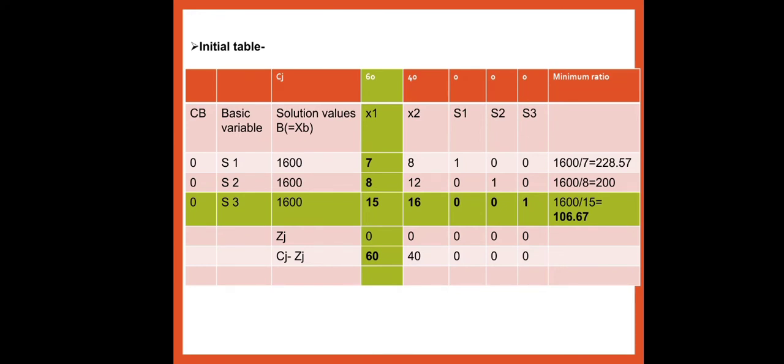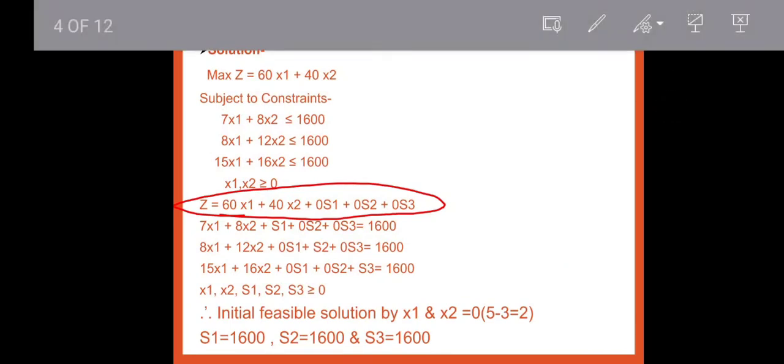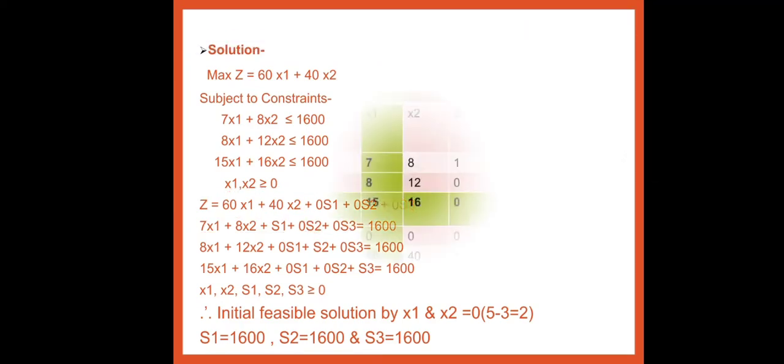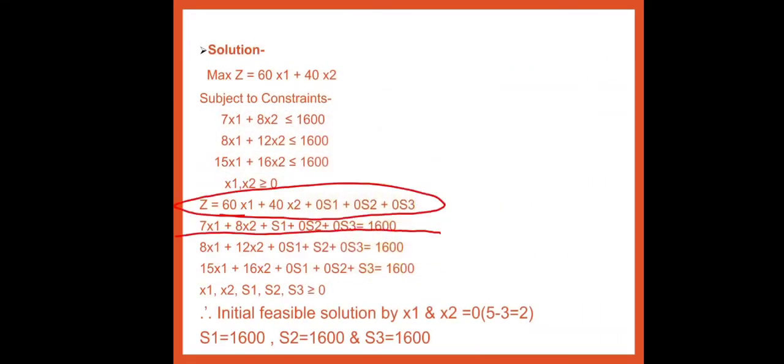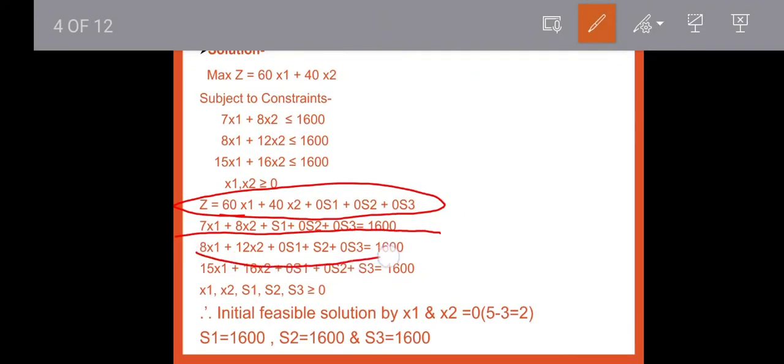In the s1 row we write the x1 and x2 values from the first constraint, and in the s2 row the values of the second constraint.